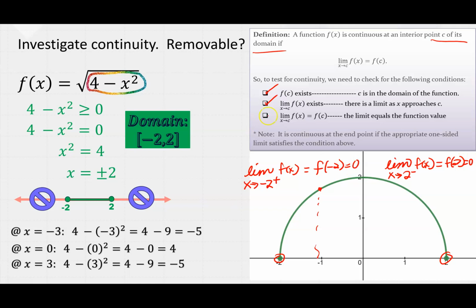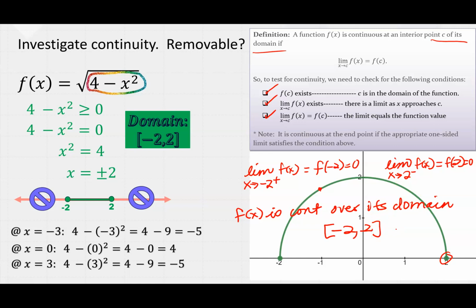So this function is continuous everywhere in its domain. Okay, so we can say f of x is continuous over its domain. Or we will say that the domain is a closed interval from -2 to 2. Oh, closed interval, not open, closed.